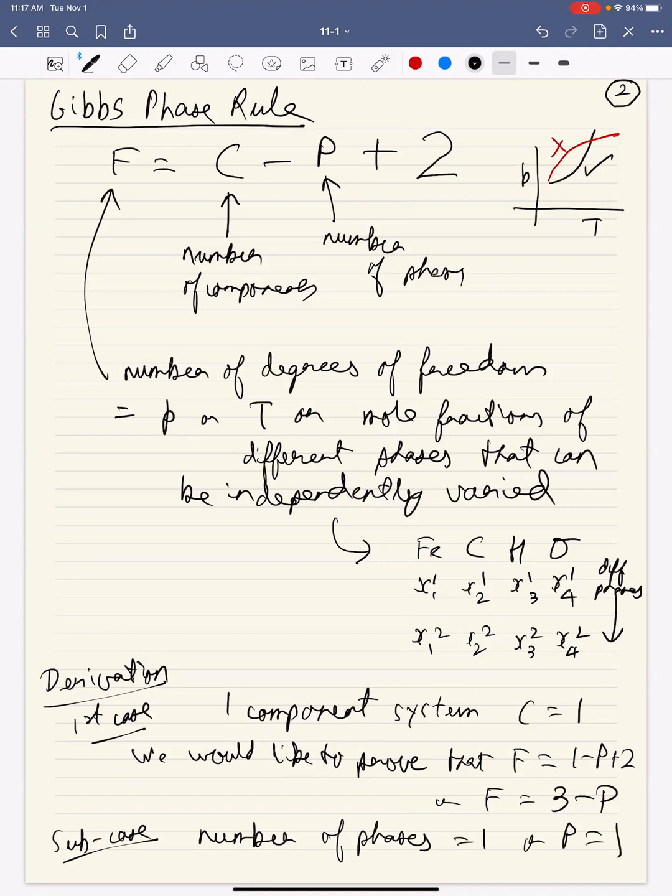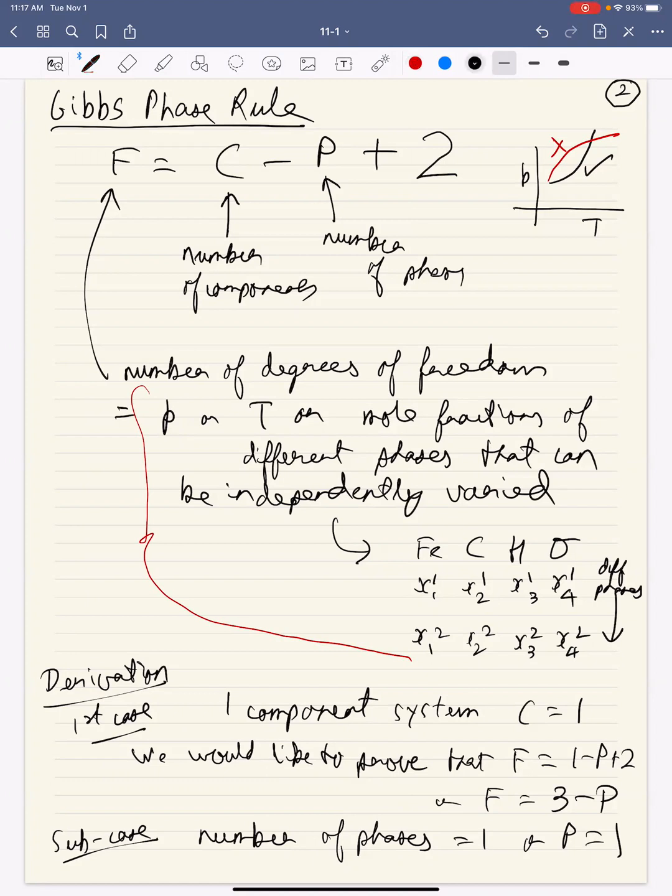So we have a one component system with only one phase. If you think about all these degrees of freedom that I wrote over here, how many can you vary independently? You can vary pressure, you can vary temperature. Do you have any control on any of the mole fractions? You don't. It's a one component system. Mole fraction is equal to 1, and there is one phase on top of that, right?